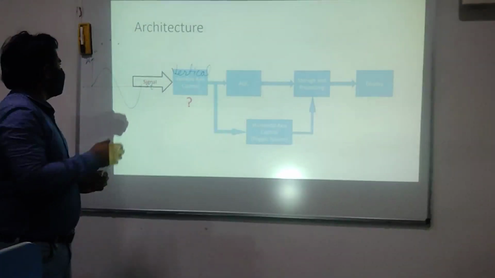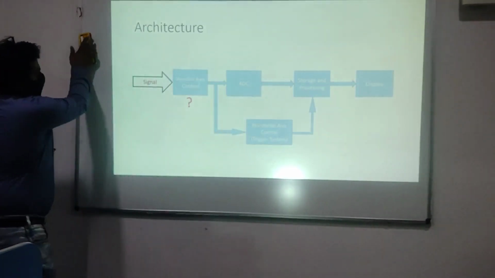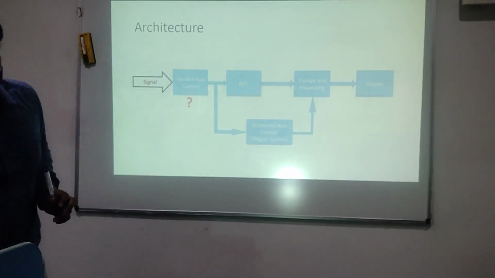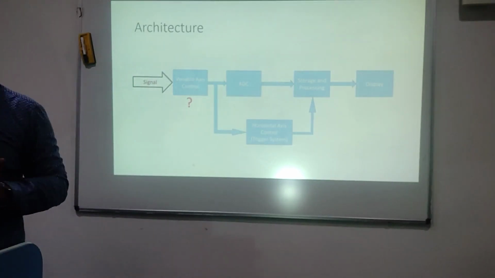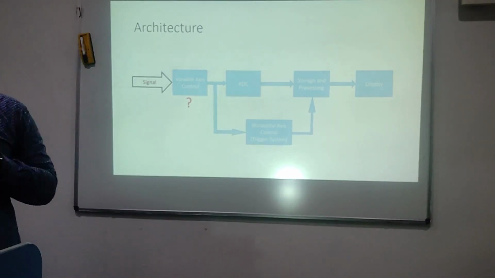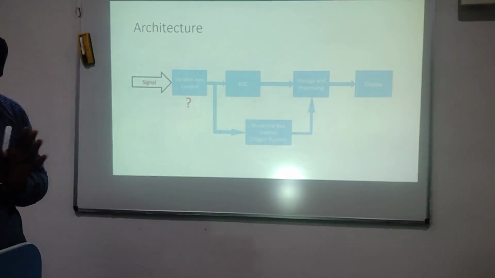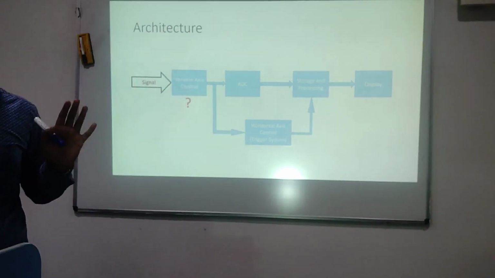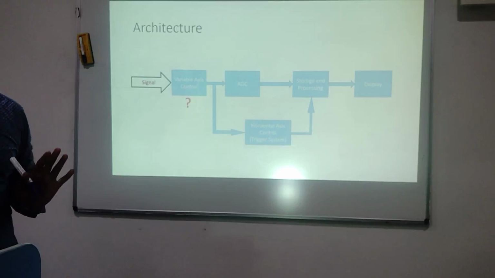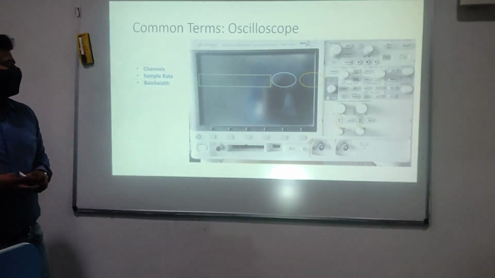Okay, this is the difference. So this is the very basic architecture. So we are on the same page, right? Any questions by now? So we have seen DSO, types of oscilloscope, analog and digital. We have discussed how a digital oscilloscope is actually working. Okay. So once it is finished, let us see our oscilloscope.